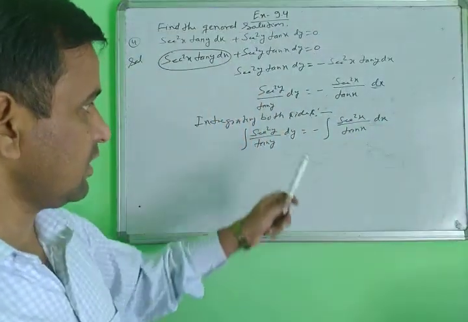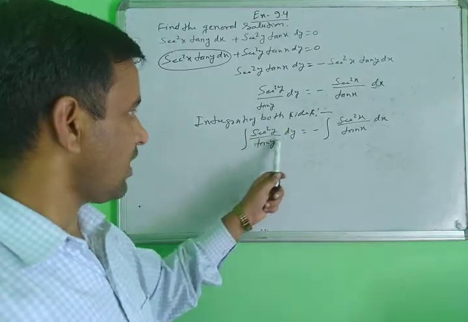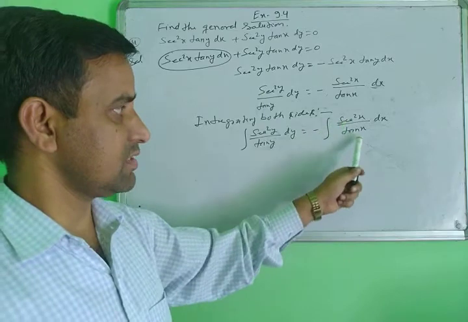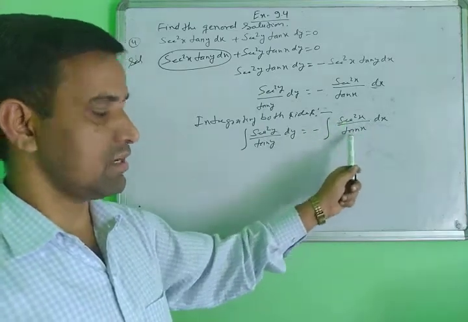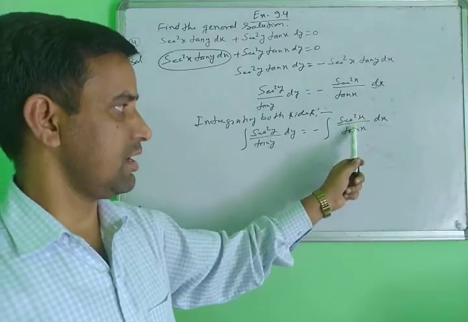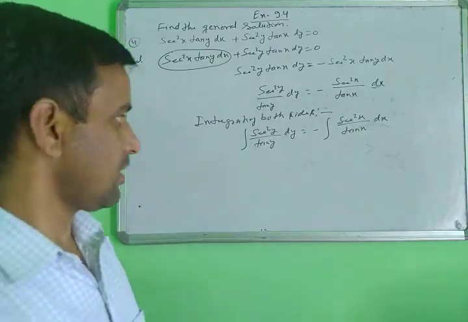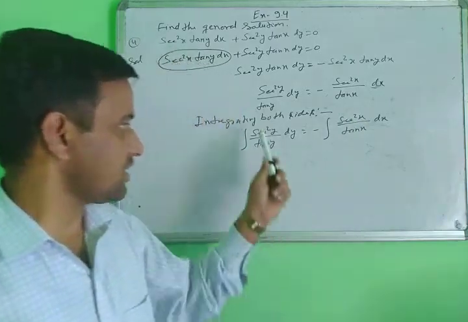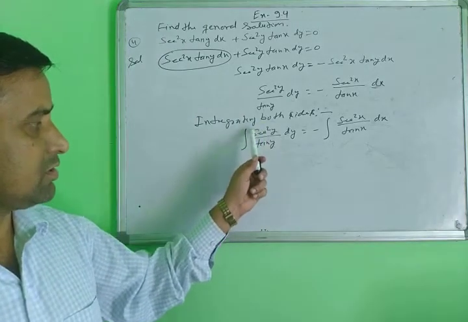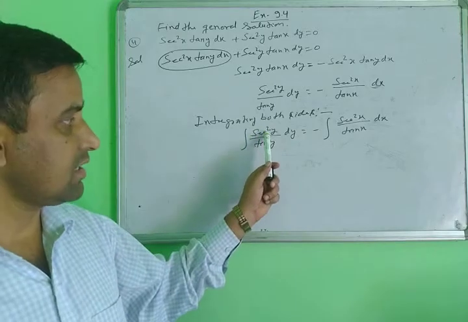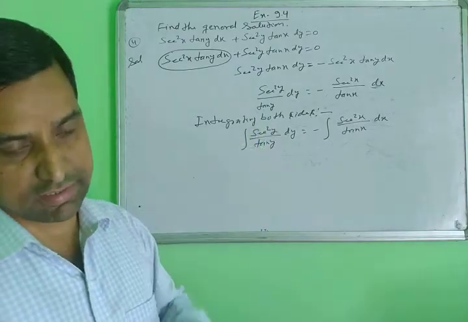Now look, all terms on the left have y and all terms on the right have x. But it is not possible to integrate directly here, because you have no single identity you can use to integrate it.